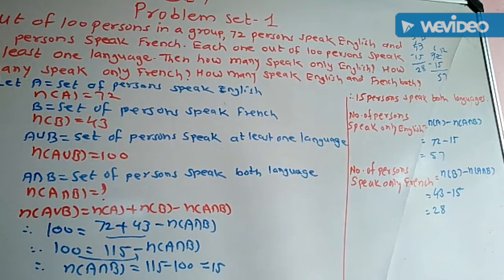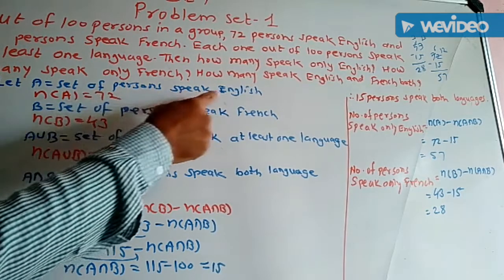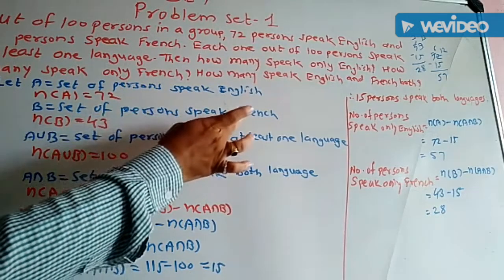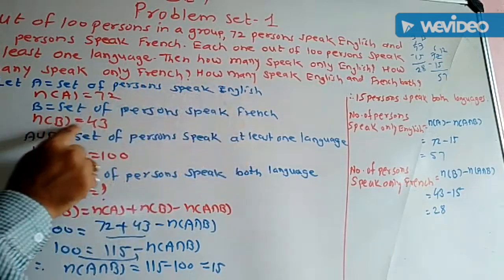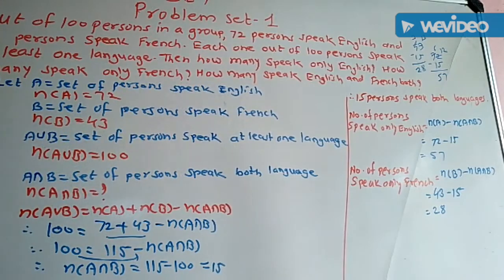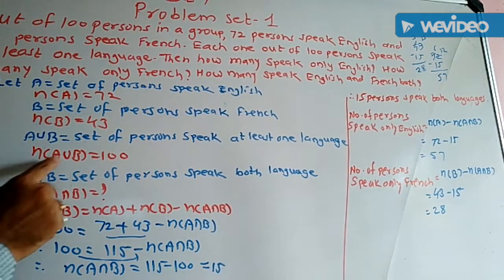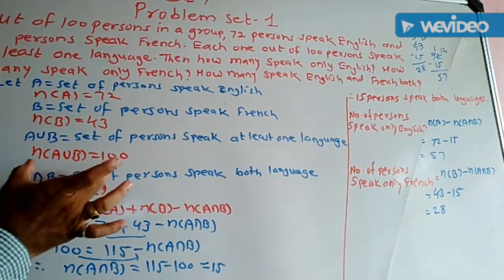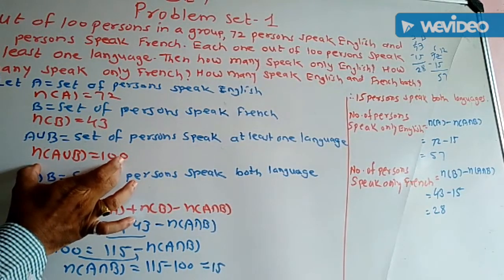Again we see this: A is the set of persons who speak English, which is given n(A) = 72. B is the set of persons who speak French, that is given 43. Therefore n(B) is equal to 43. For A union B, we take the set of persons who speak at least one language, that is n(A union B) is given 100.